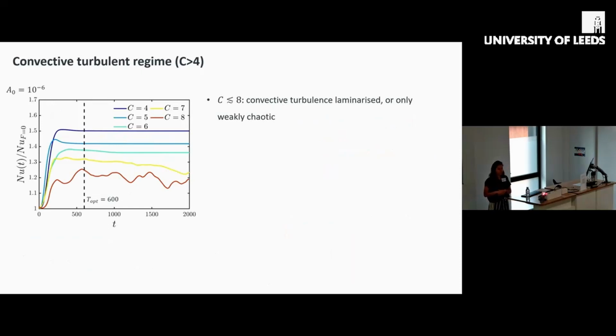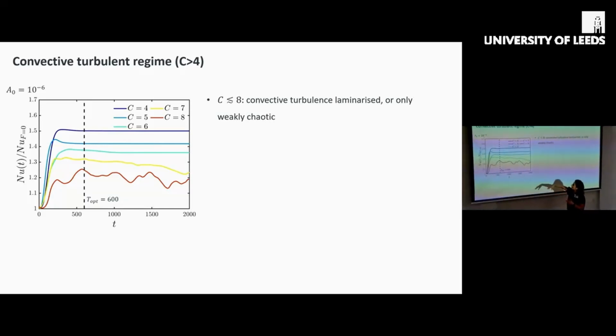In the convective turbulence regimes, the results here are not so interesting. Basically, for weakly convective turbulence, the forcing can either laminarize the flow or give a weakly chaotic flow, and in these cases we're still able to enhance the heat transfer.